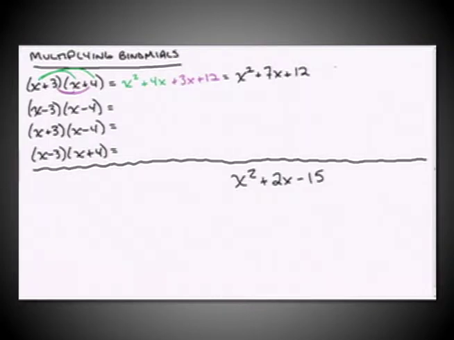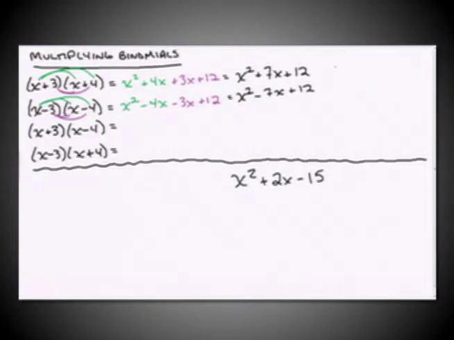Moving along, multiplying this next binomial by the other binomial, we begin the distribution process as well. And we have x squared minus 4x minus 3x plus 12, which when we combine like terms gives us x squared minus 7x plus 12.